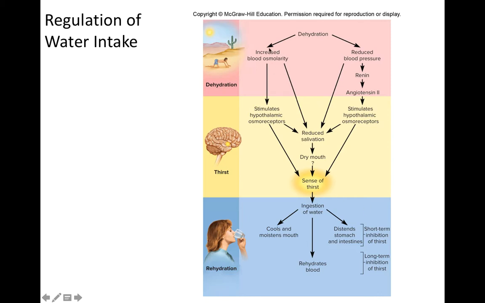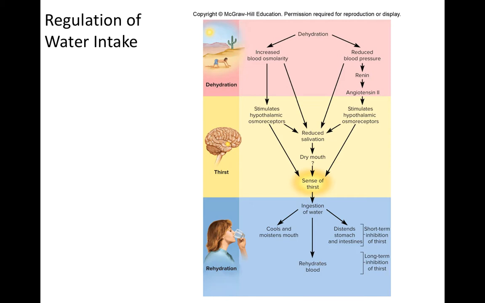The other would be to increase the osmolarity of your blood and extracellular fluids. So as you lose water, your ECF becomes more concentrated, it gets salty, and that's going to stimulate those osmoreceptors, again, sense of thirst, and we're going to have water-seeking behavior.